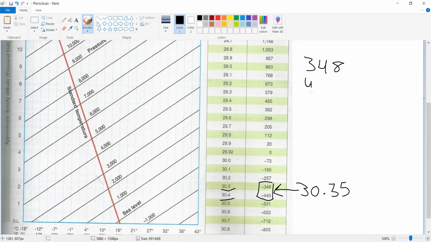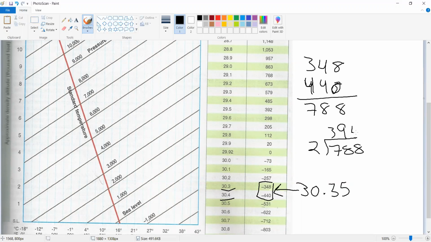So that's 348 plus 440, just taking the absolute value of each number. I may get 788. So we are dividing this 788. After we're done dividing it, we get about 394. That would be the mean.